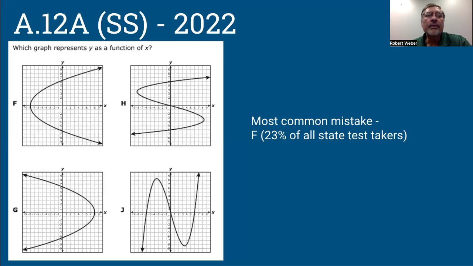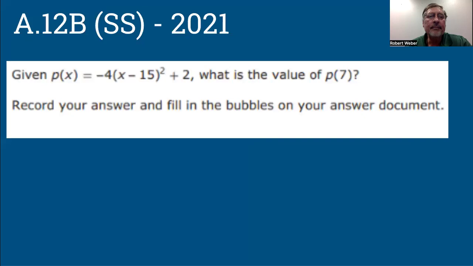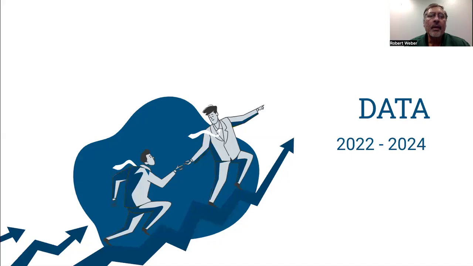A12A's most recent question from 2022. A12B, evaluating functions given elements from its domain. This is a substitution and simplification type of process typically. And so you can see 12B. Apologize, it looks a little blurry on that question. Sometimes when you reproduce the questions off of Lead Forward, it doesn't quite come as clear as you could.